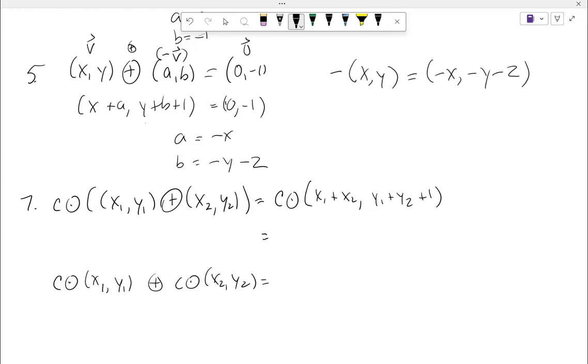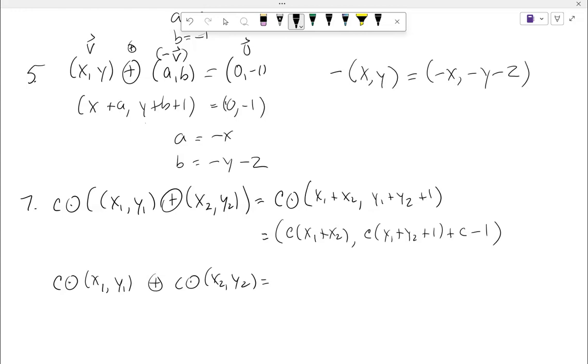In the second case, what do we get? So when we multiply here, and so remember the scalar multiplication is just multiply the c times the first component. What do we get in the second component? Plus c minus 1, right?